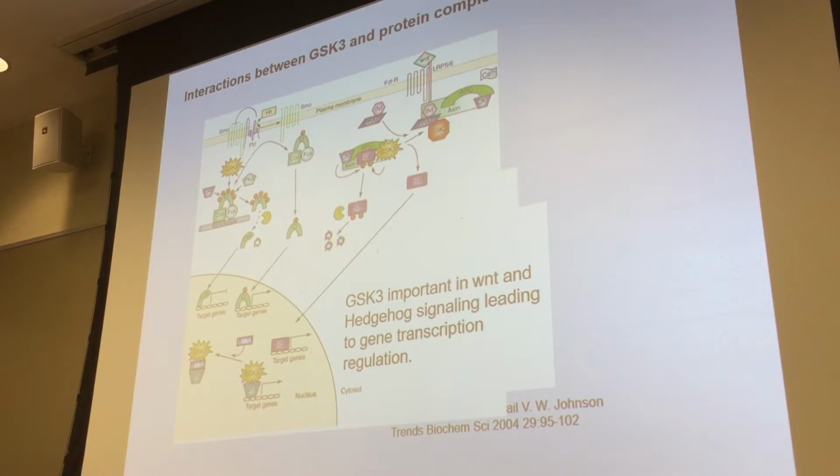In this case, we have a pathway that is initiated by a receptor called Wnt, and this has a complex of proteins that can interact with glycogen synthase kinase and allow release of the beta-catenin, which is stored within this protein complex in the cytosol. Once it's released, it can get into the nucleus and allow new protein synthesis.